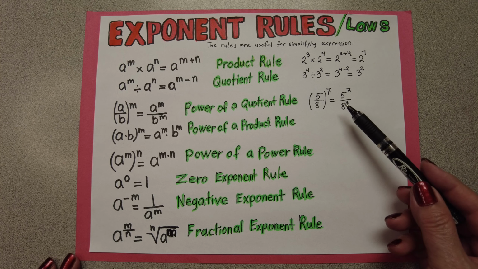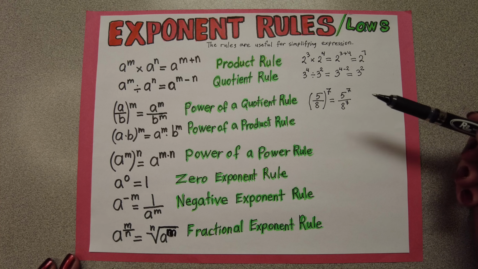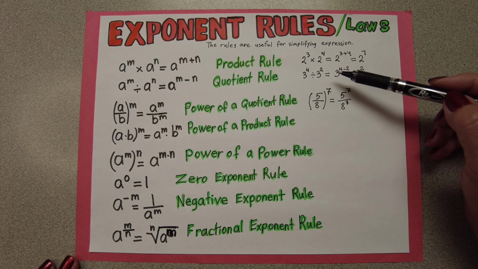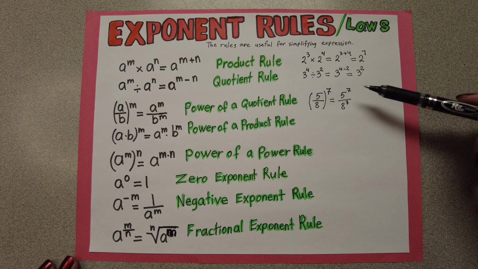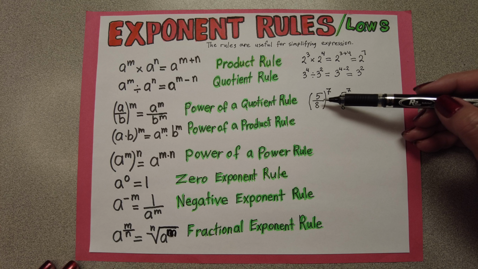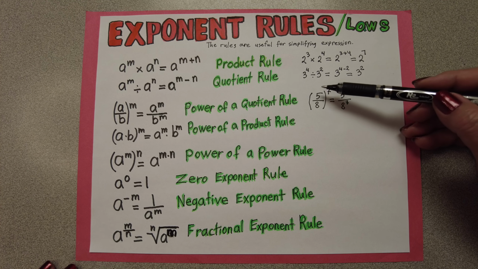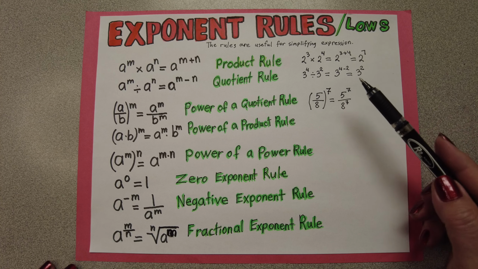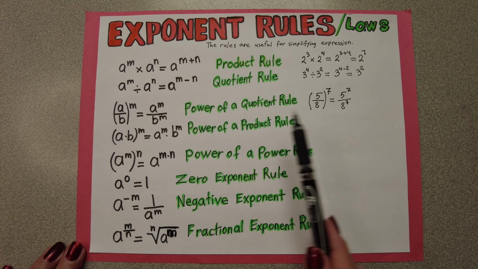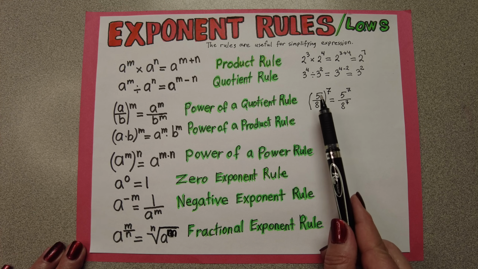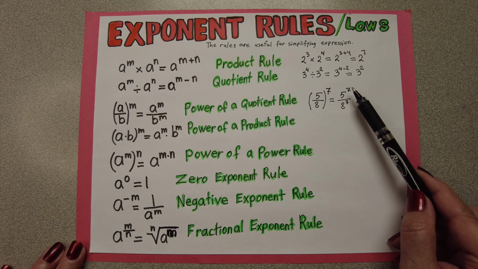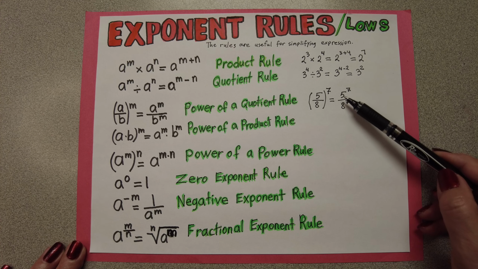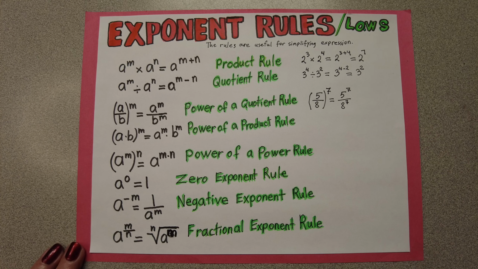This one we call the power of a quotient rule. The earlier one was the quotient rule; this is the power of a quotient rule. We have division here, so the answer will be a quotient, but we have a power of this quotient. We had different bases but the same exponent, so we can separate the exponent for both of them. It will be the correct answer.